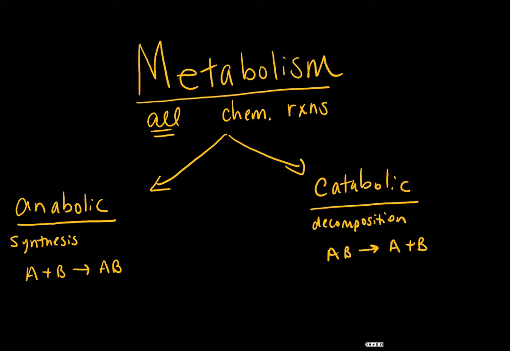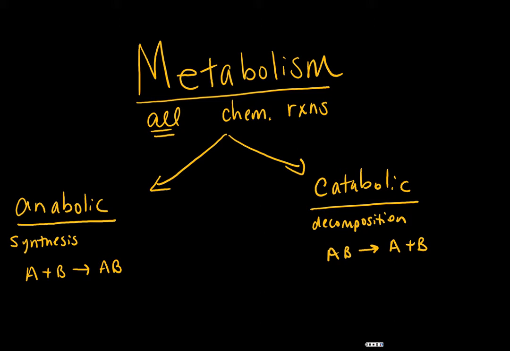Catabolic is the opposite. So this is a decomposition, a breakdown reaction. Now, an easy way to remember this is that the prefix cata in catabolic is the same as in catastrophe, which are big breakdowns of something, right? So in this case, you're starting with a molecule AB, and you're breaking it down into its parts, A and B separately, okay?